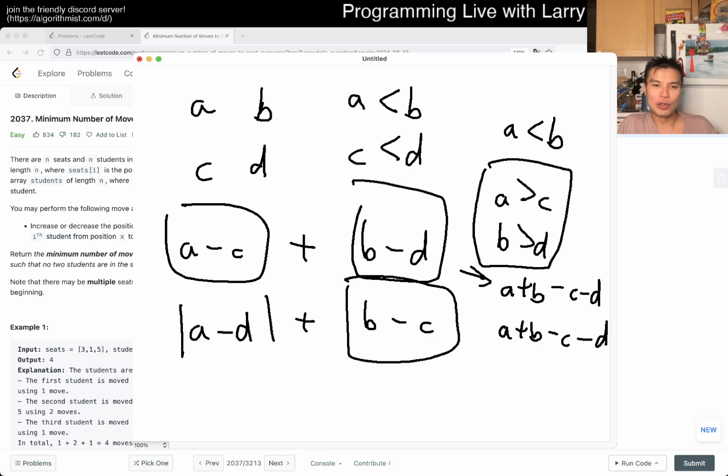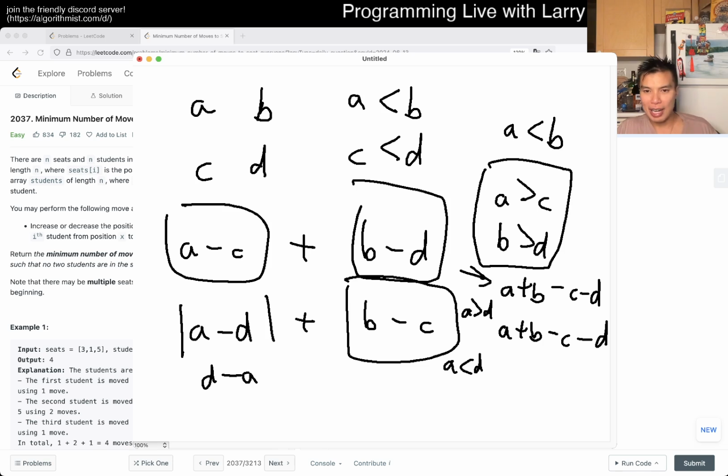And then there are only two versions. One is, say, A is greater than D. Where A is greater than D, you have this formula, which means that they're equal. If they're equal, then it doesn't change anything. But if A is less than D, then now you have D minus A here.